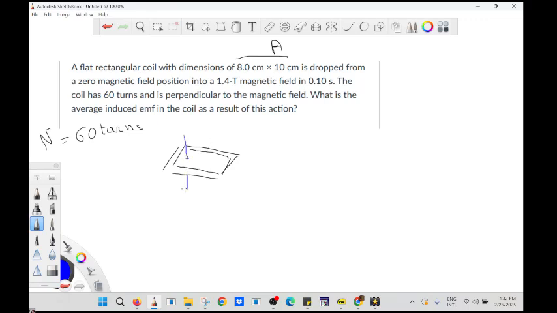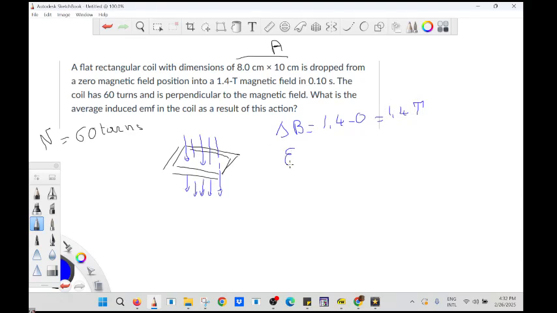And then it's going to increase. The magnetic field going through here is going to increase even more, so you have more lines here and even more. So the change in magnetic field will be 1.4 minus 0, which is 1.4 Tesla.